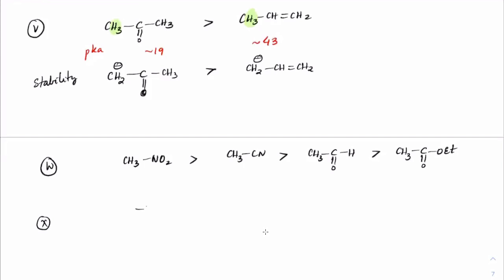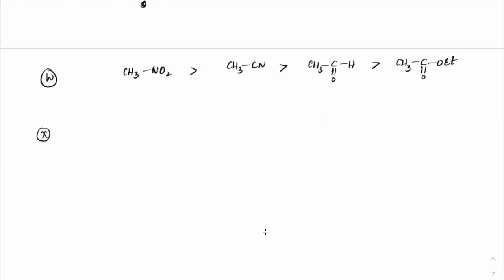Like if you check out NH3 plus, NHR2 plus, then NO2, then NR3 plus. Here, because of the alkyl groups, there is slight stabilization. In case we have just compared that, aldehydes are better than ketones, right? I mean esters.